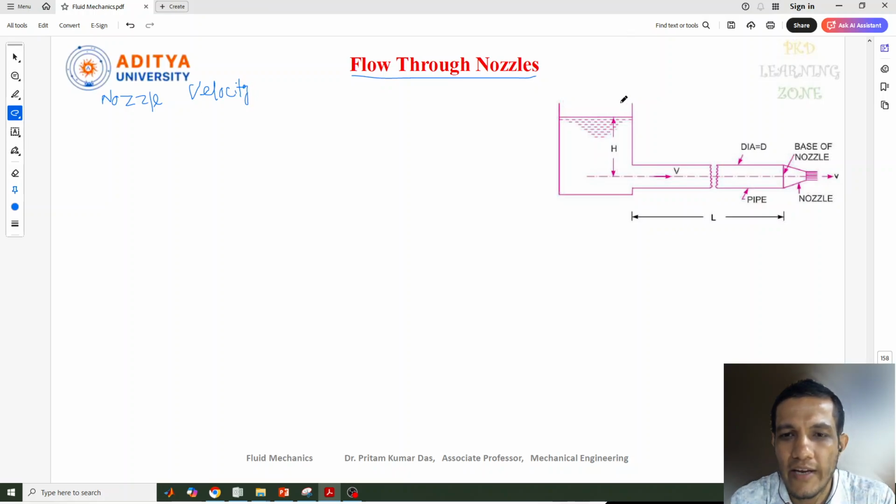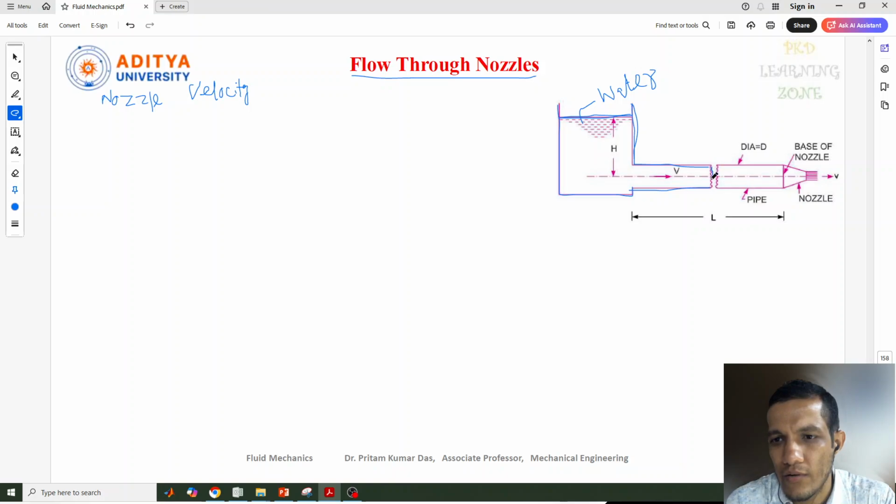Here we have taken a container which consists of a fluid. You can keep any kind of fluid here, but for this case we have taken water, with this being the surface level of the water. A long pipe is connected to it.